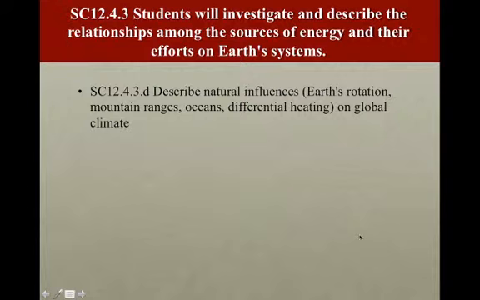Describe natural influences like Earth's rotation, mountain ranges, oceans, and differential heating on global climate. So Earth's rotation: jet streams are caused partly by the Earth's rotation. We've heard a lot about the winter vortex, but the jet streams move in which direction generally?